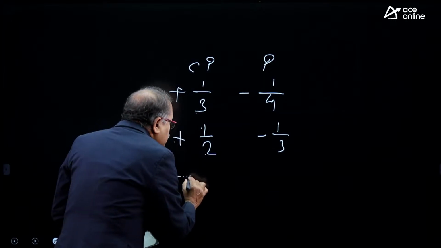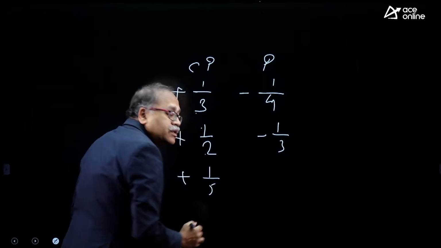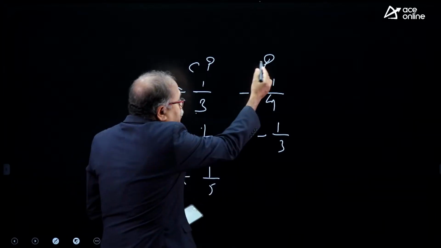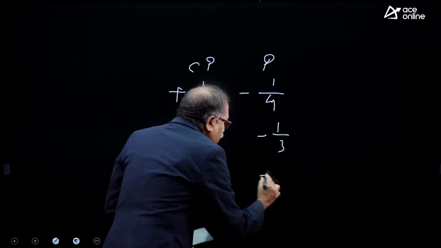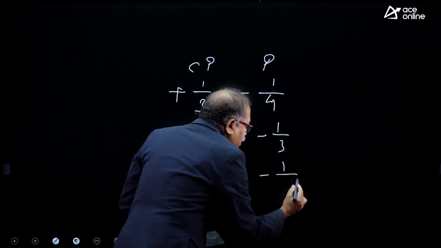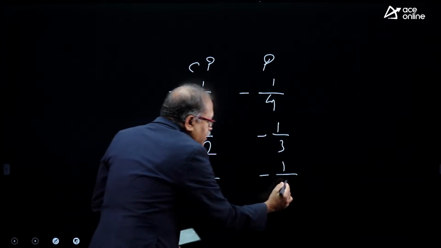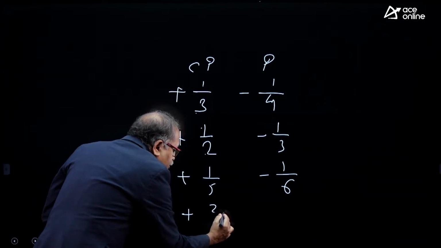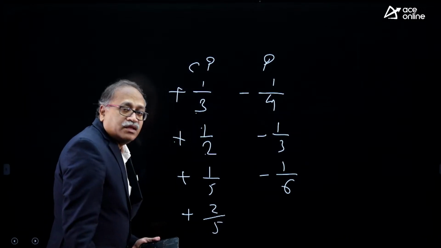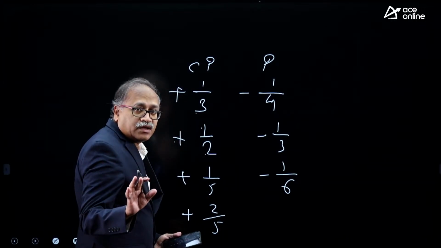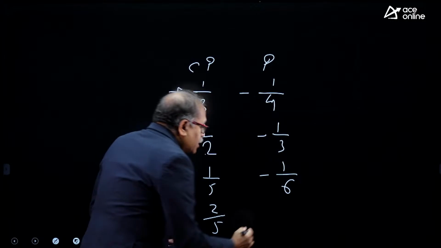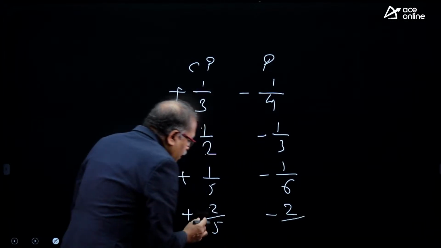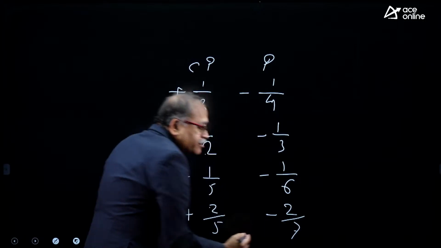If the CP is increased by 1/5, then the profit will decrease by 1/(5+1), that is 1/6. If the CP is increased by 2/5, then the profit will decrease by 2/(5+2), that is 2/7.